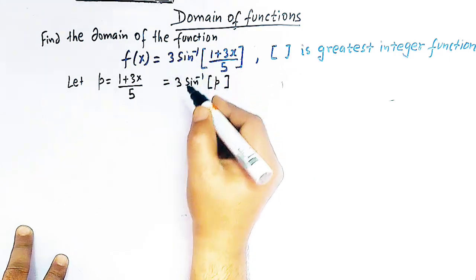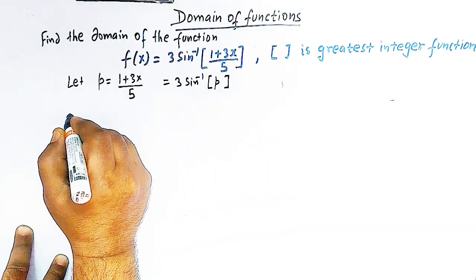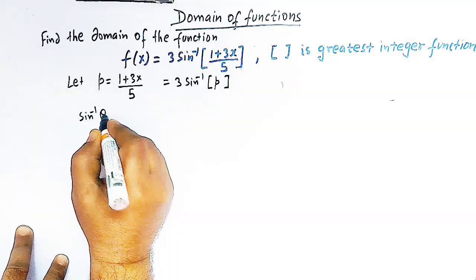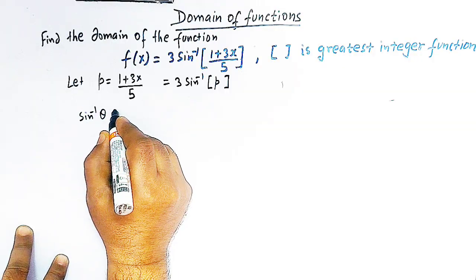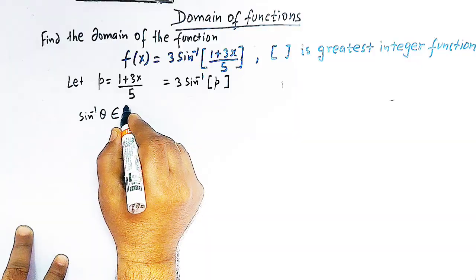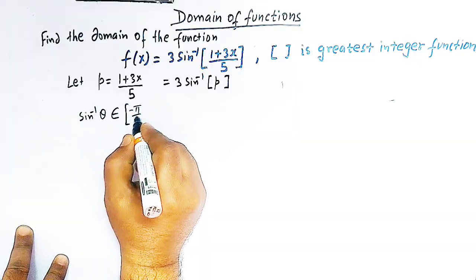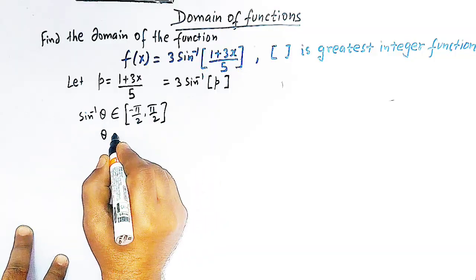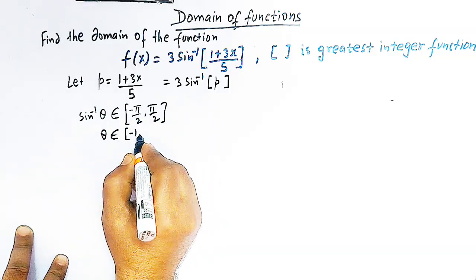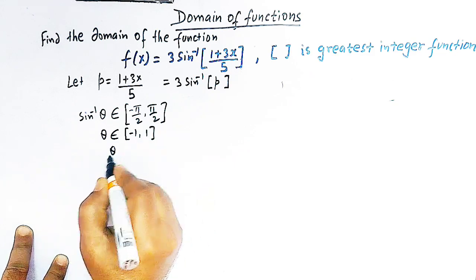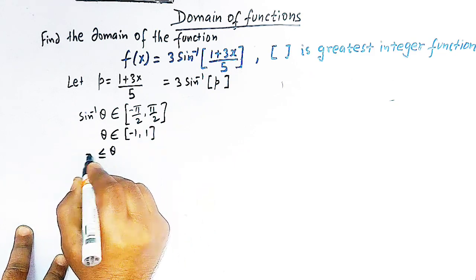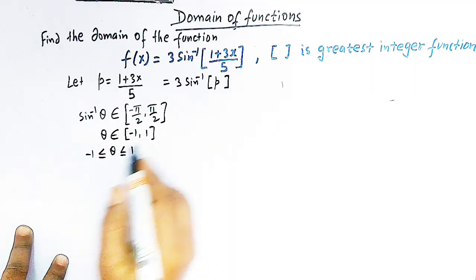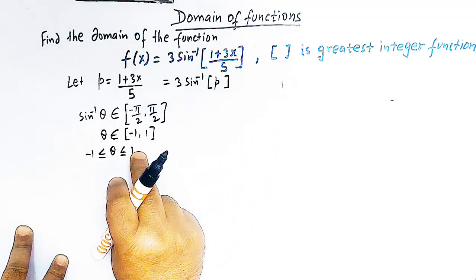From inverse trigonometric functions, for sine inverse theta, the principal value branch lies in the interval minus pi by 2 to pi by 2, provided theta belongs to the interval minus 1 to 1. So theta is greater than or equal to minus 1 but less than or equal to 1. First we'll apply this concept.